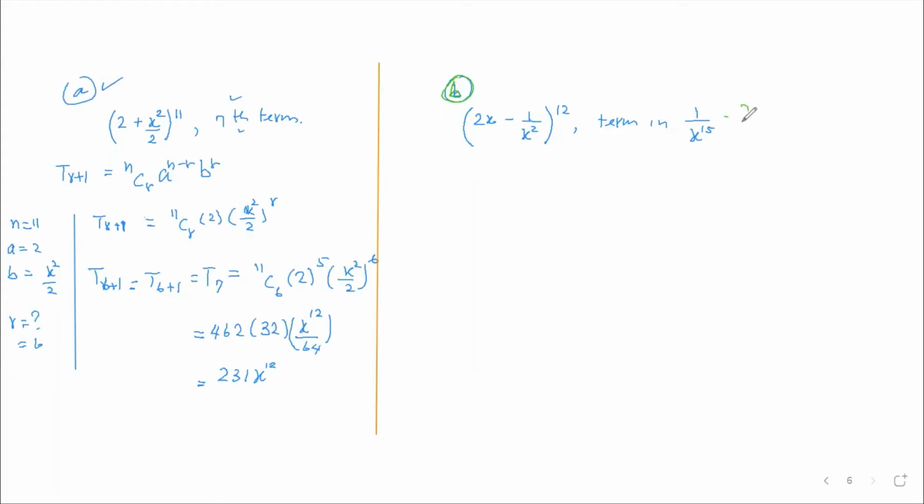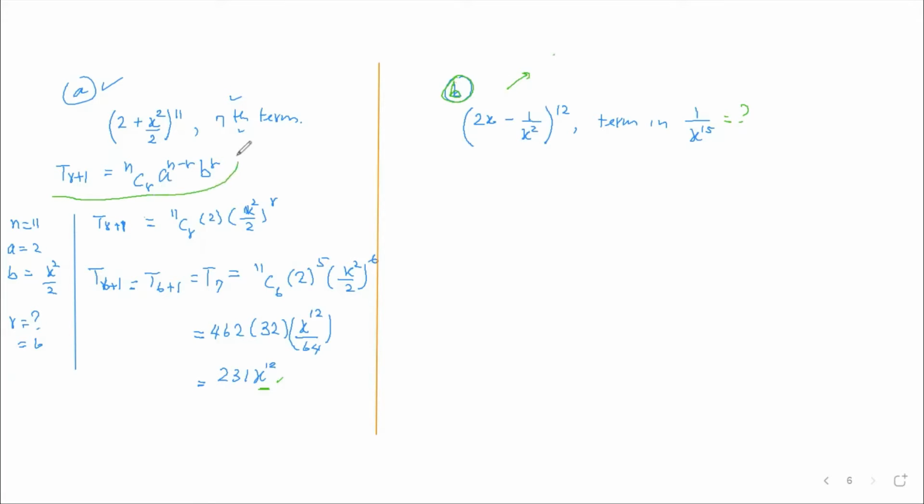This one a little bit special because you see the term becomes a fraction, not like a normal term like this, right? So this becomes a fraction. So again we find it out from this one, we use this formula again.